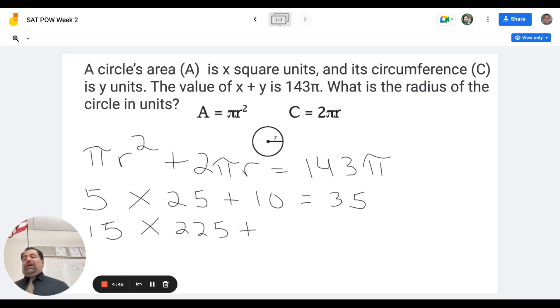Maybe I cut that back, maybe to 10, where I get 100, right? Plus 10 times 2 is 20. Is 120. All right, so we're closer.